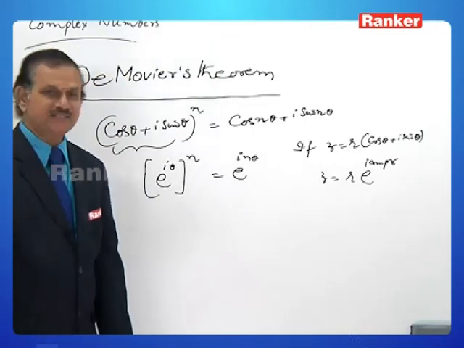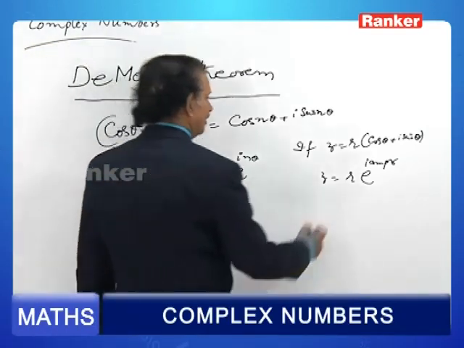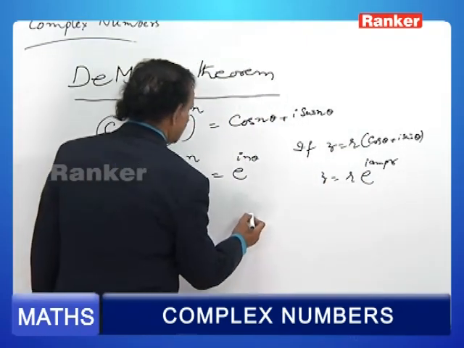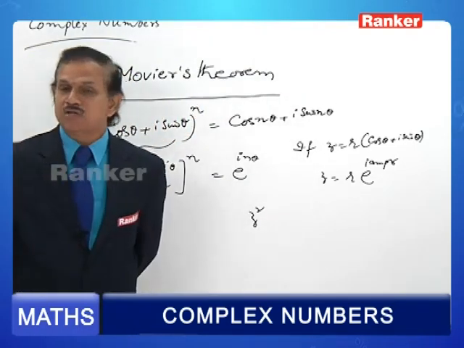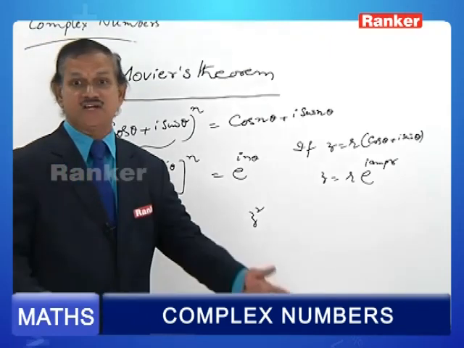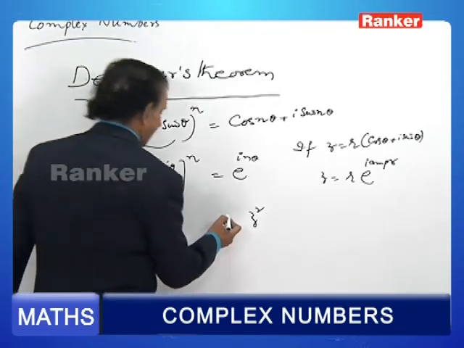Amplitude of z is nothing but theta. Therefore, by making use of that, we can also say one more thing. Suppose you have z square. It is given that the amplitude of z is theta. What is the fate of z square? What is the amplitude of z square?